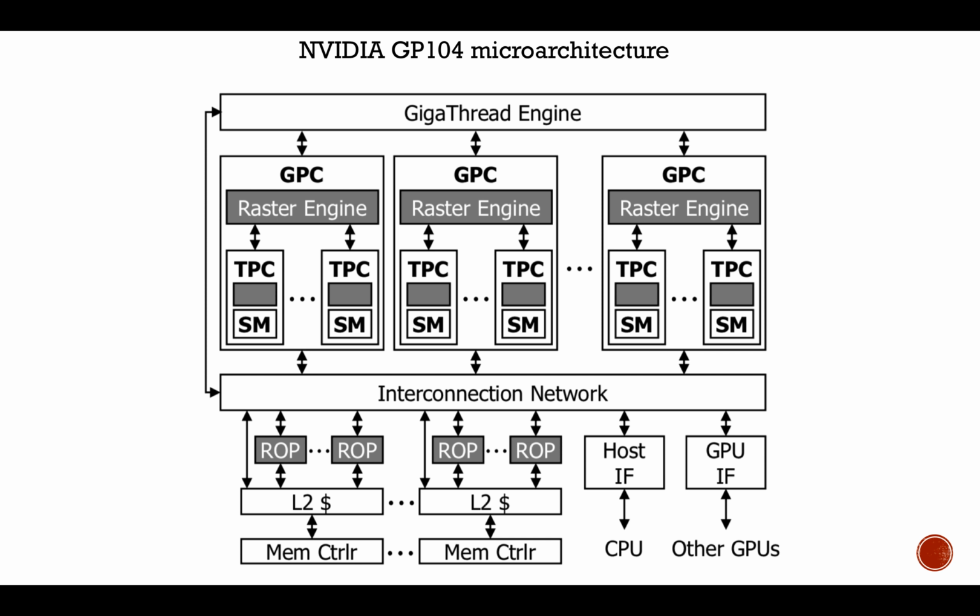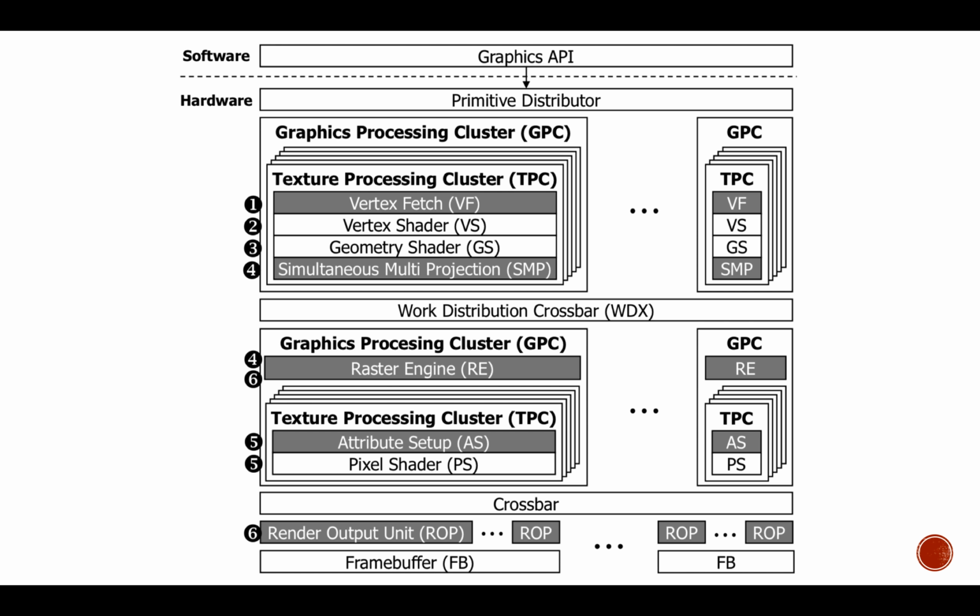This figure shows how the graphics pipeline is executed on top of the baseline GPU microarchitecture when an optional geometry shader is enabled. When an application issues a draw command, the GigaThread engine receives application-issued primitives and distributes them across GPCs. Then each TPC fetches vertex data using the vertex fetch unit, executes the vertex shader and geometry shader on SMs, and calculates per-primitive screen space coordinates using the simultaneous multi-projection unit.